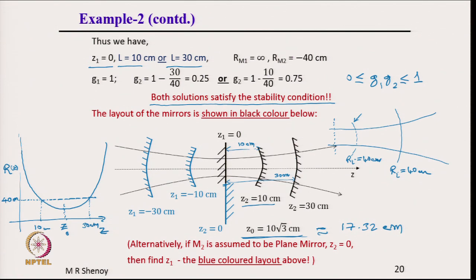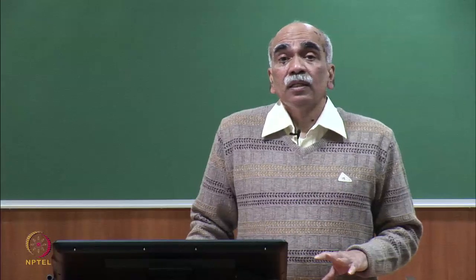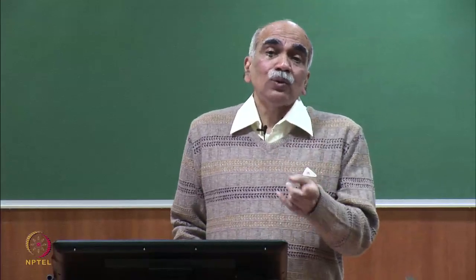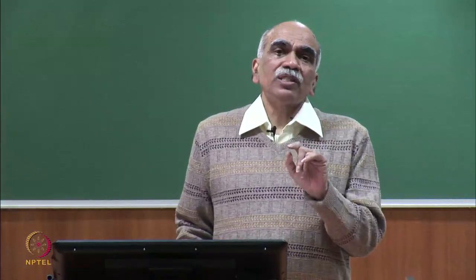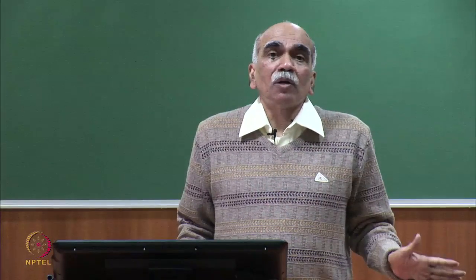It is a very interesting problem. Alternatively, if I had chosen M2 as the plane mirror, then the plane mirror has to be placed like this, and then we will get Z1 equal to minus 10 or minus 30 as the two solutions. But note that there are many problems where out of the two solutions only one becomes stable, and the second solution may not be stable.